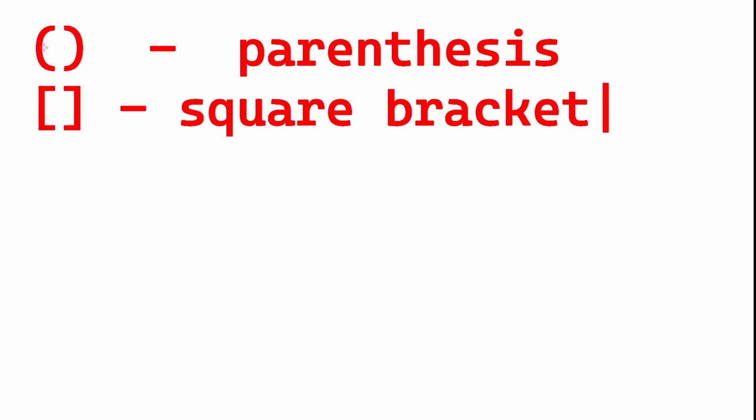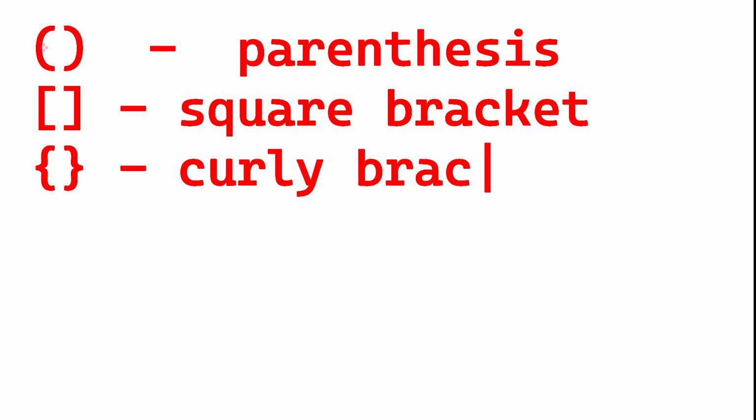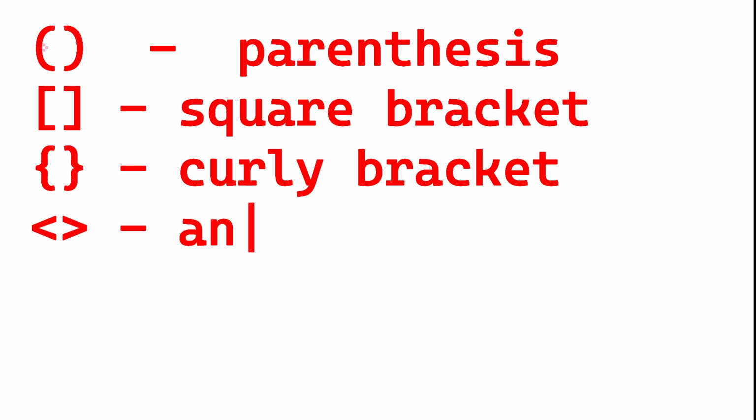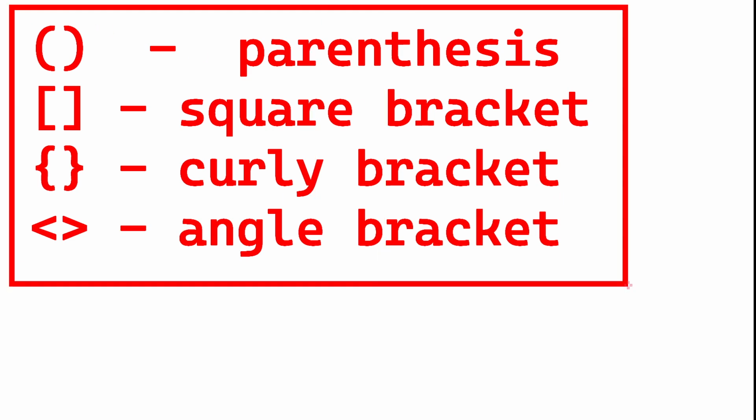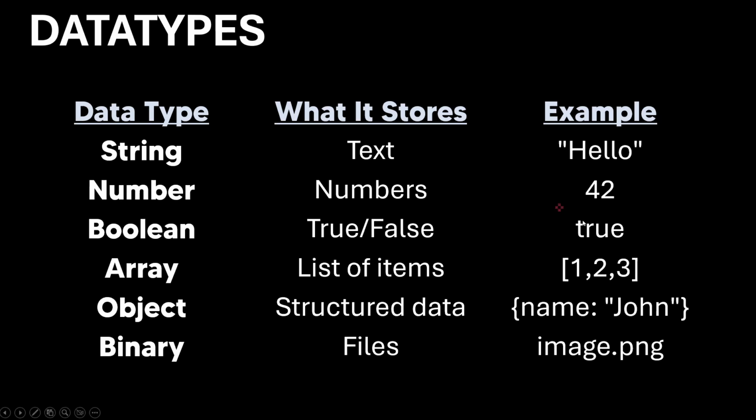Okay, so you remember now. And then we have this other kind of bracket on our keyboard, which is called curly brackets. And then the last bracket on our keyboard is called the angle bracket. If you're writing code, you are likely going to be using most of these brackets every time. So these are the actual bracket names, that's what I was talking about.